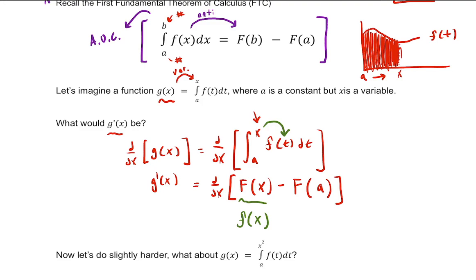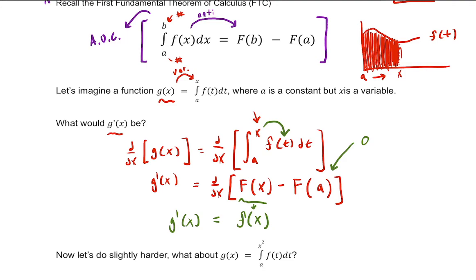Now here is the part that if you get this next 30 seconds here, the whole thing will make sense. What is the derivative of the antiderivative of f at a? And here is the magic. It's 0. It's 0 because x is a variable, so we take that derivative and we get lowercase f.